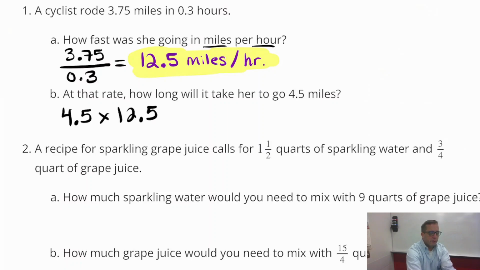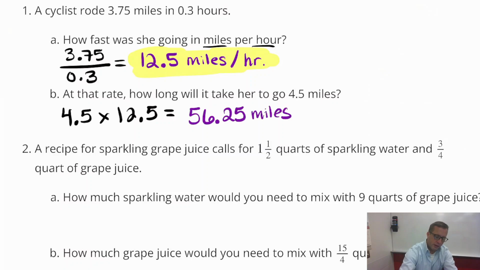So 4.5 times 12.5. And that means that she can go 56.25 miles. All right, so that was just a matter of multiplying the unit rate by the distance.